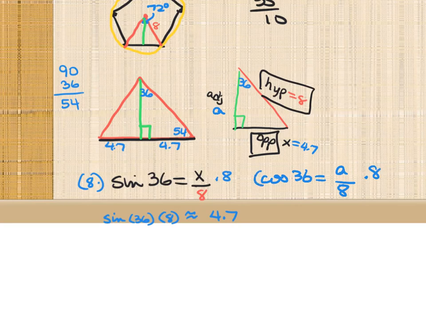Multiply both sides by 8. Once you do cosine 36, multiply that by 8, you're going to get 6.5. We're going to round it so it ends up being 6.47. So I'm going to round it to 6.5. So that's the length of my apothem.